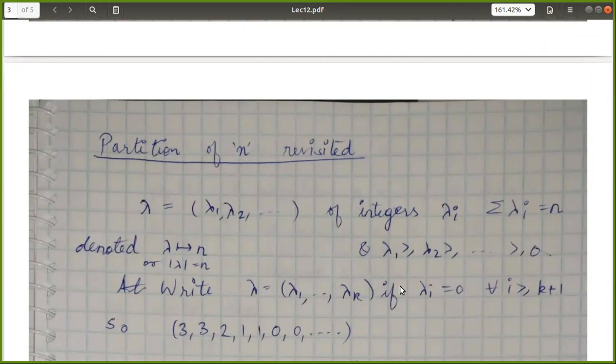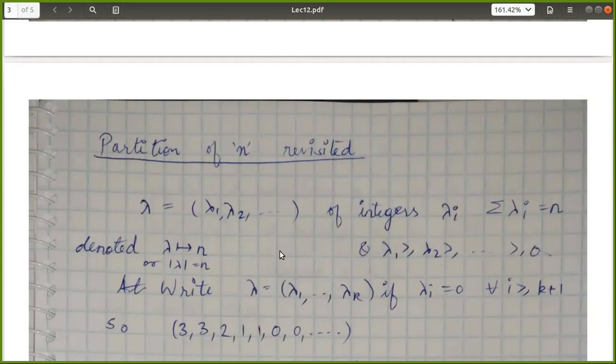So lambda equals the sequence lambda 1, lambda 2 and so on of integers lambda i such that their summation is n, and lambda 1 is greater than or equal to lambda 2 greater than or equal to and so on greater than or equal to 0. Of course you are taking non-negative integers. Whenever you're doing partitions or compositions, you never deal with negative numbers. And why 0 here, we will see in a moment.